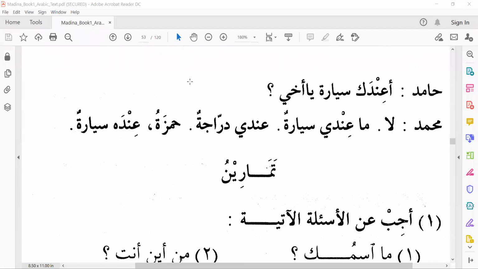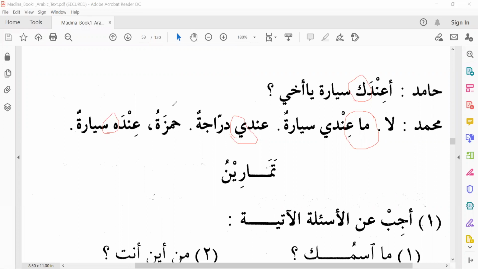So in this lesson, we have learned ad-damirul muttasila, attached pronouns like ka, i, hu, ha. Then ma will give the negation meaning also. It depends on the place.